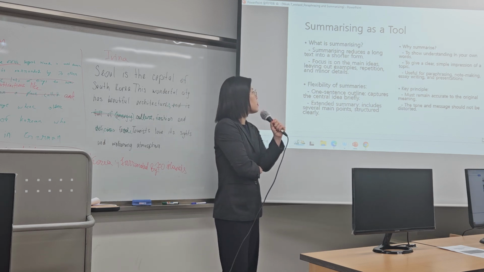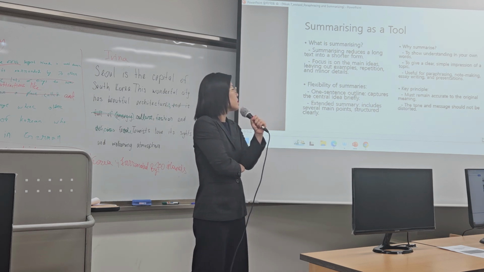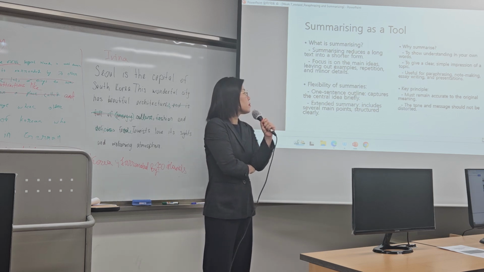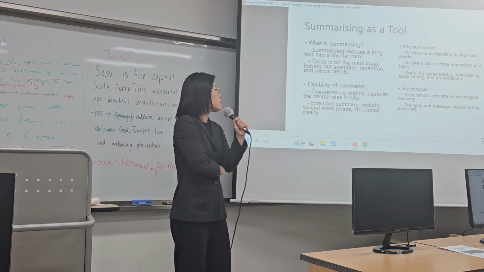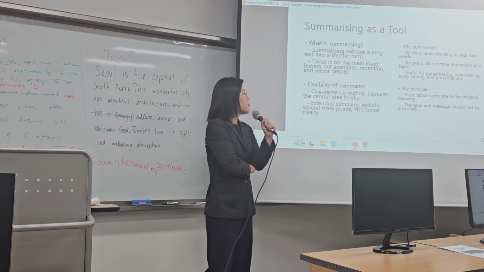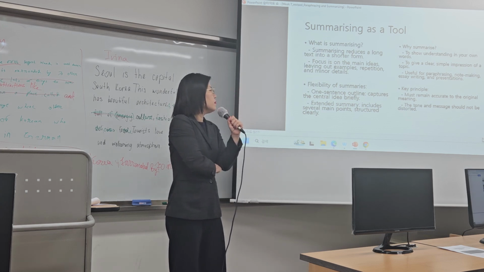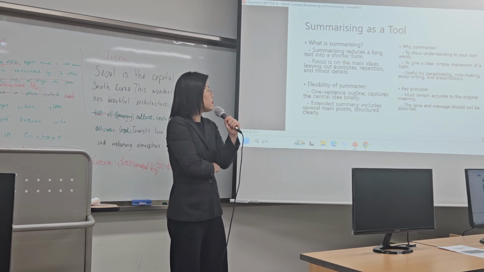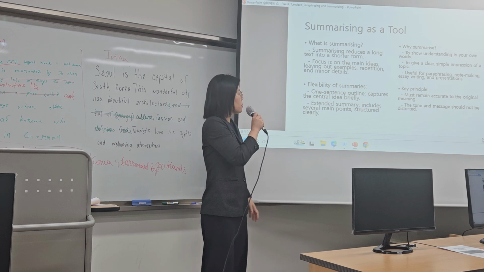Why summarize? To show understanding in your own words, to give a clear, simple impression of the topic, useful for paraphrasing, note-making, essay writing, and presentations. Key principles. Must remain accurate to the original meaning. The tone and message should not be distorted.